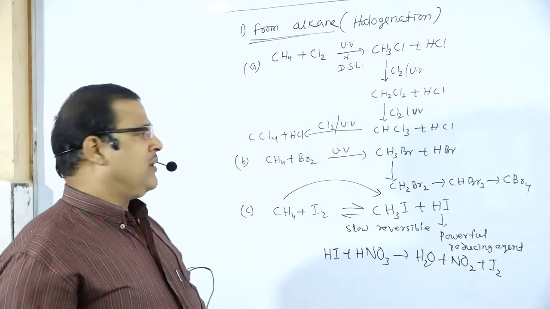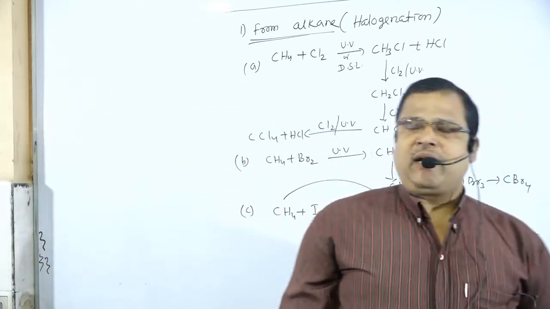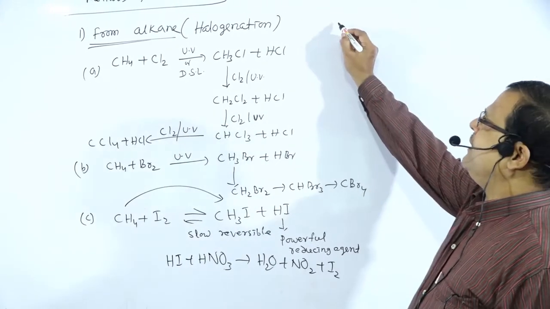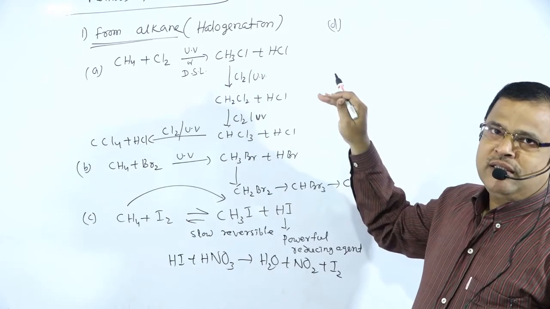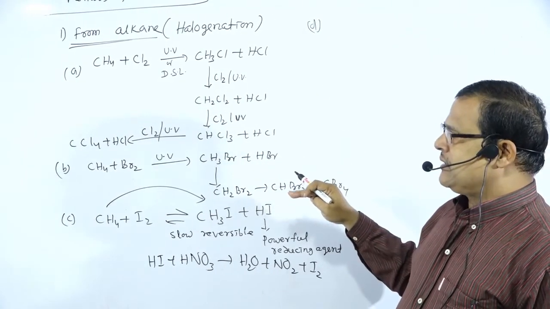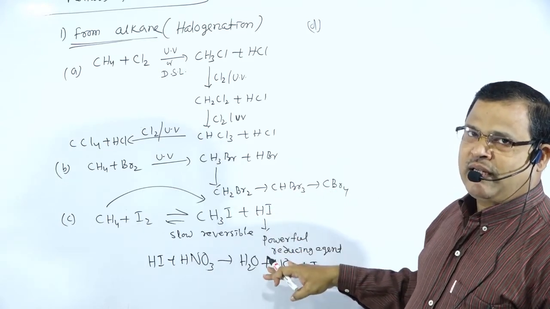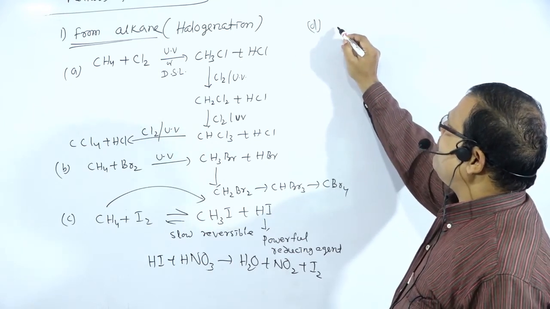In a similar manner, we will carry out the fluorination of the alkane CH4. The first was chlorination, the second bromination, and the third was iodination, which was difficult and carried out in the presence of an oxidizing agent. In the next one we will explain fluorination.